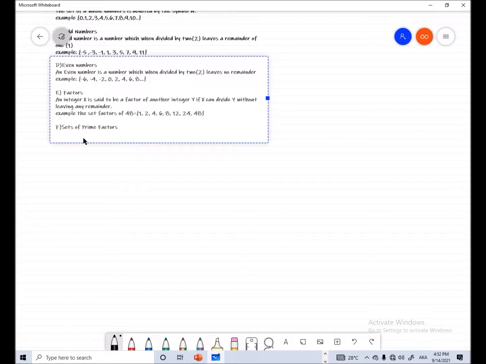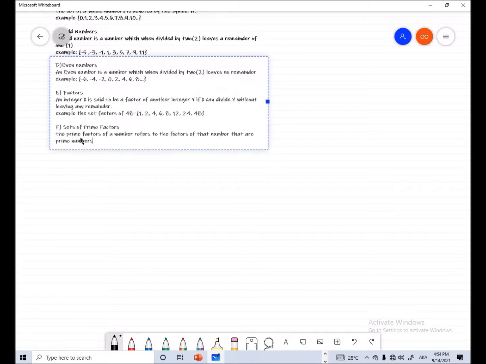Alright, so now let's look at prime factors. What is a prime factor? It's a set whose members are prime numbers.